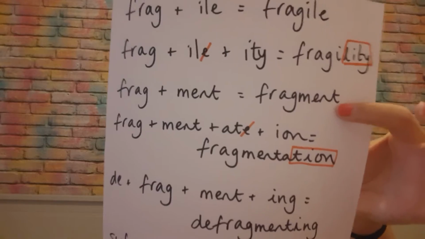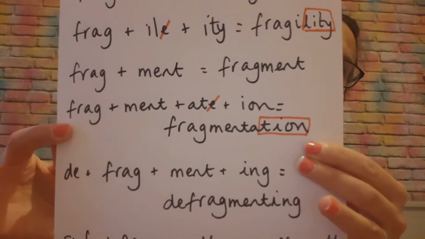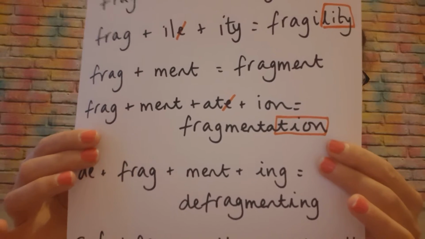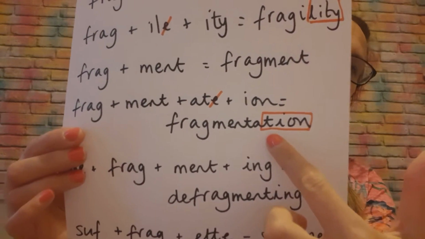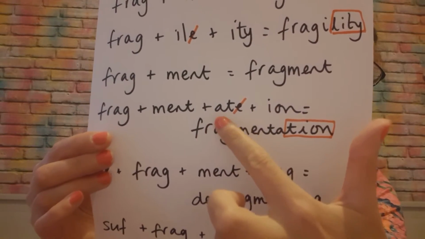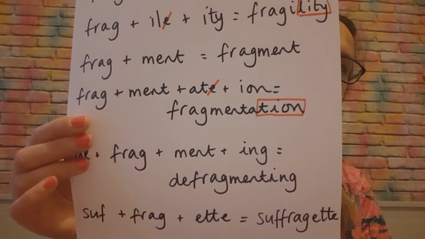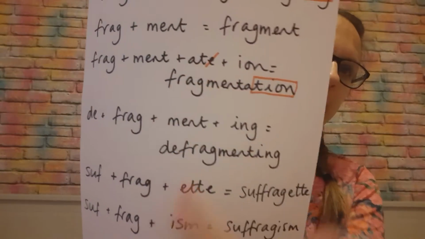Then I've got fragmentation, which is the act of putting something into fragments. You know why I've done this one: it's a shun. Again, drop that E, it's a shun with T-I-O-N because of the ate. Ation tends to always be a T because of that ate bit.